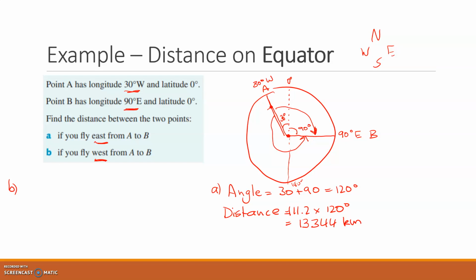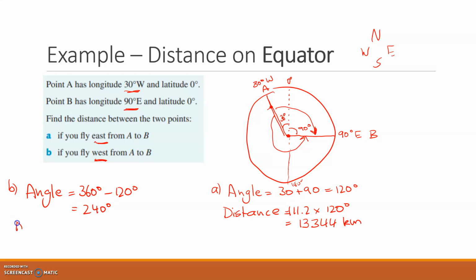Because I've already worked out that the angular distance in A is 120 degrees, all I need to think about for the rest of it is 360 minus 120 degrees. I could do either of those, and so can you, whichever makes you more comfortable. So here I'll say the angle is equal to 360 degrees take away 120 degrees, and that's 240 degrees.